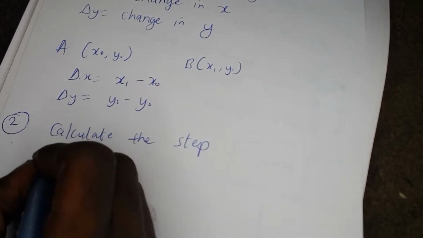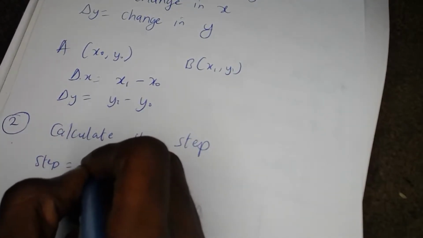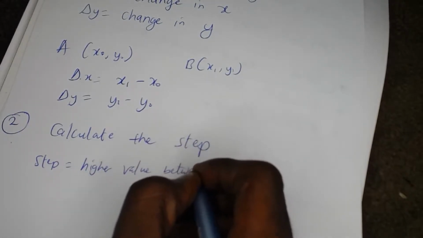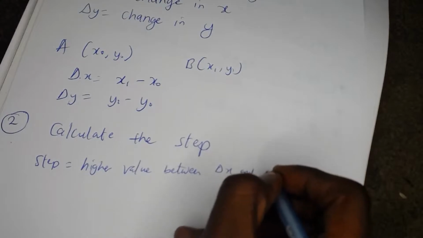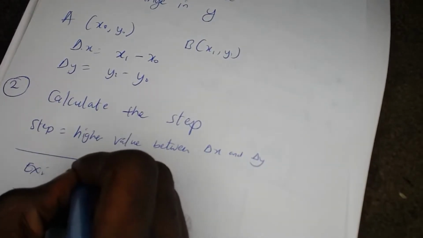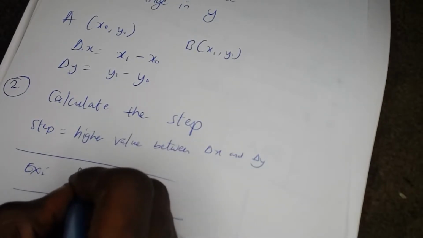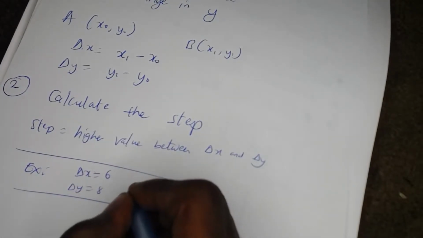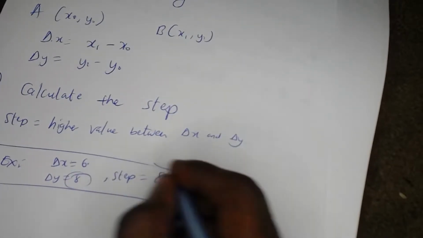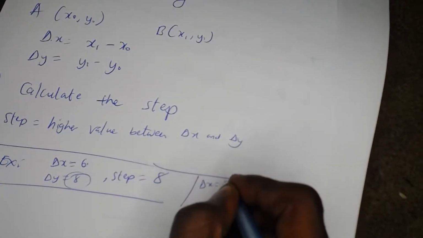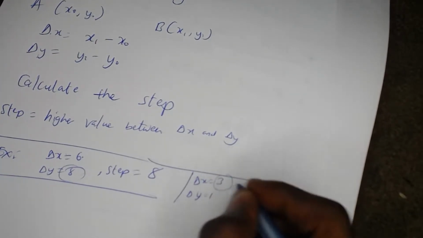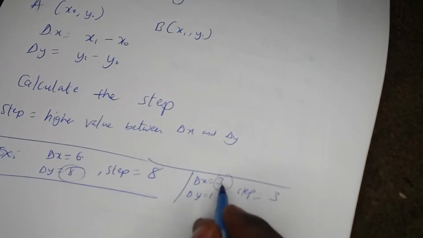So the step is simply the higher value between delta x and delta y. Okay, so let's say, for example, if delta x is 6 and delta y is 8, the step for this is going to be 8, because 8 is greater than 6. Another example is if delta x is 3 and delta y is 1, the step is going to be 3, because 3 is greater than 1. So that's step 2.